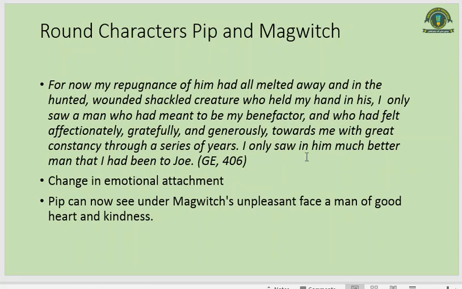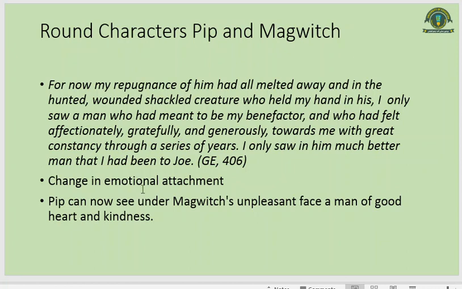"I only saw in him a much better man than I had been to Joe." So here he is making a comparison with Joe, that Magwitch was a more sensible, more generous personality than Joe. This shift makes Pip an emotionally changed personality.